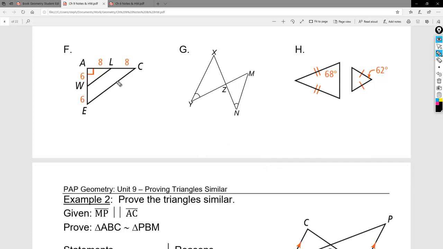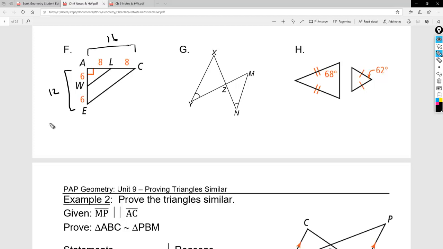So again, I have a triangle within a triangle here. Important to note that the total length of AC is 16 and the total length of AE is 12. So those are the ratios that I'm going to be using. 8 to 16 and then 6 to 12. So obviously I see that there's a proportion of 1/2 there. It's going to be true, so I kind of see the side angle side.